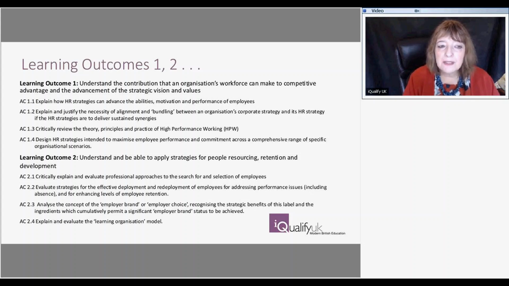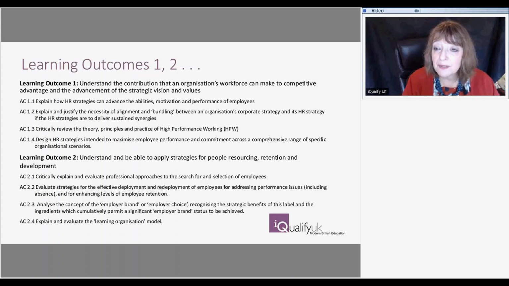1.2 was: explain and justify the necessity of alignment and bundling between an organisation's corporate strategy and its HR strategy if the HR strategies are to deliver sustained synergies. 1.3: critically review the theory, principles and practice of high performance working, and design HR strategies intended to maximise employee performance and commitment across a comprehensive range of specific organisational scenarios.